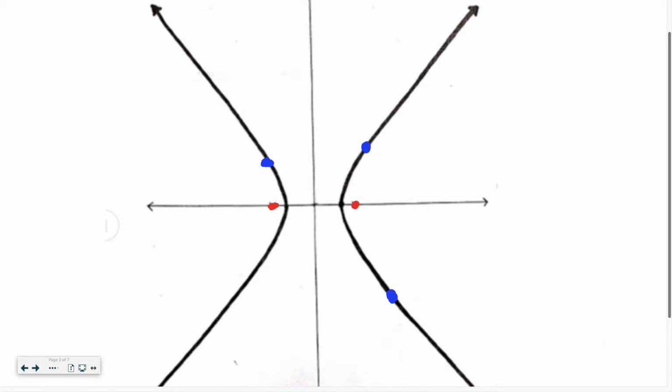And what I would like you to do is take that ruler and measure the distance from your coordinate to both foci. And go ahead and label whatever that distance happens to be. Okay?